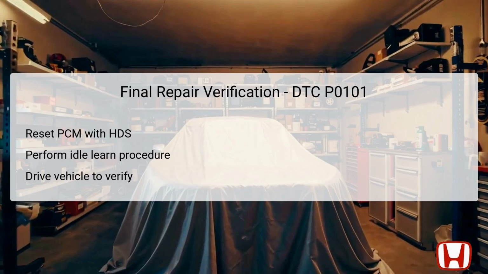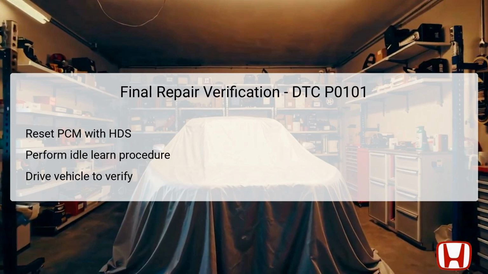Final repair verification for DTC P0101 involves several critical steps to ensure that the repairs made were successful. Begin by resetting the Powertrain Control Module, PCM, using the HDS. This reset clears any stored codes and prepares the system for new data. Follow this by executing the PCM idle learn procedure, which helps the PCM recalibrate its parameters for optimal engine performance.